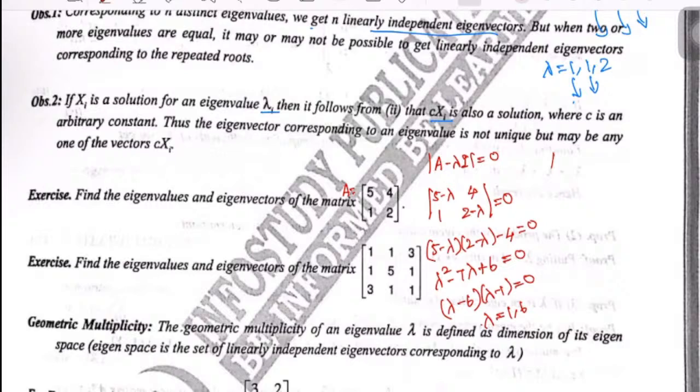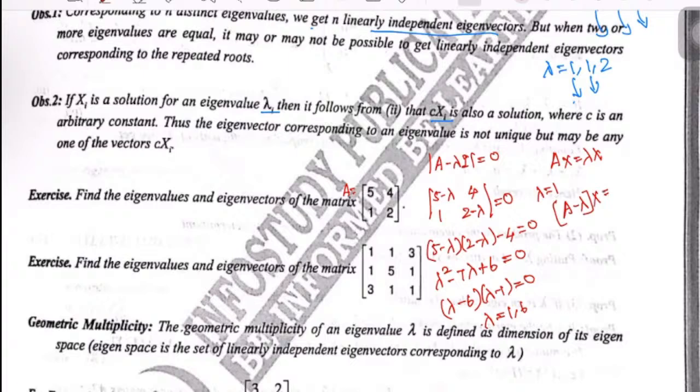What do we know about eigenvectors? We know that Ax equal to lambda x. For lambda equal to 1, applying this, (A minus lambda I) x is equal to 0. Here lambda, we know that it is 1.